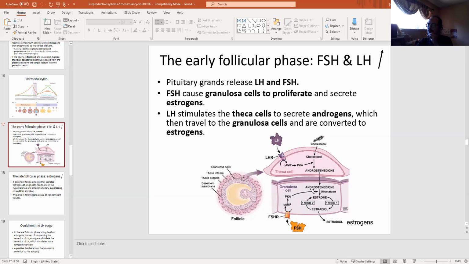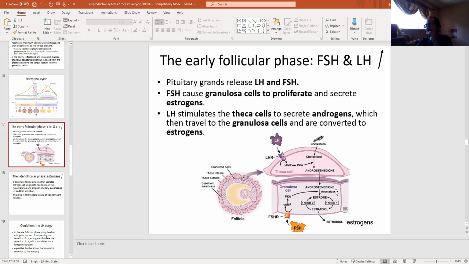This will diffuse into the granulosa cells. Then this FSH will stimulate the granulosa cells to activate an enzyme called aromatase.